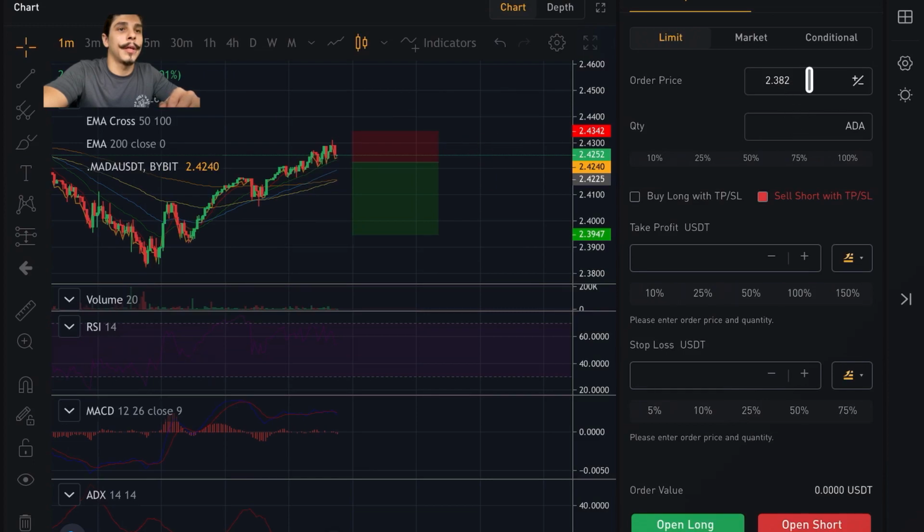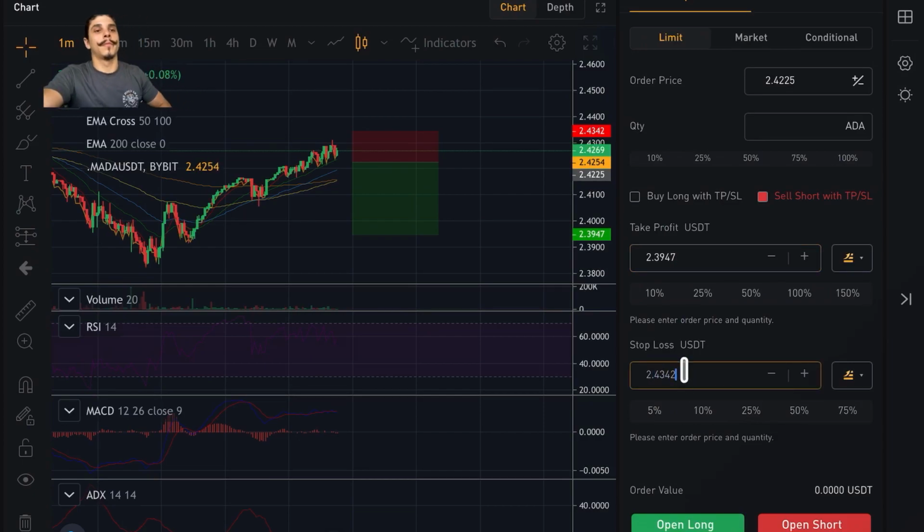So then I would just type that right here, and I would have my order price put in for a limit, and then again my take profit. Now I have 2.3947, and my stop loss 2.4342. So there you go. Then you can open your short just like that. So that's how you can make use of the tool.